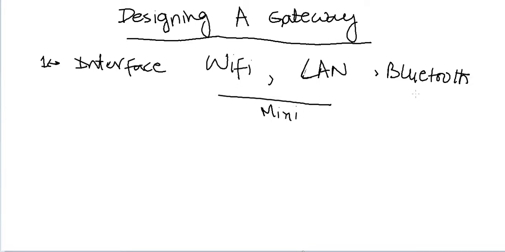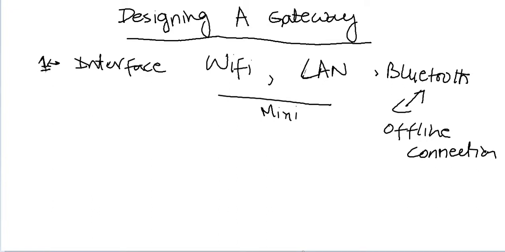This should be the minimum at least required, that it should be able to connect to the local area network. With Bluetooth, for example, we have the advantage of offline connection. For example, the gateway can connect to our mobile device or any Bluetooth device, and then send the data to and fro to this device. This should be at least a minimum requirement.